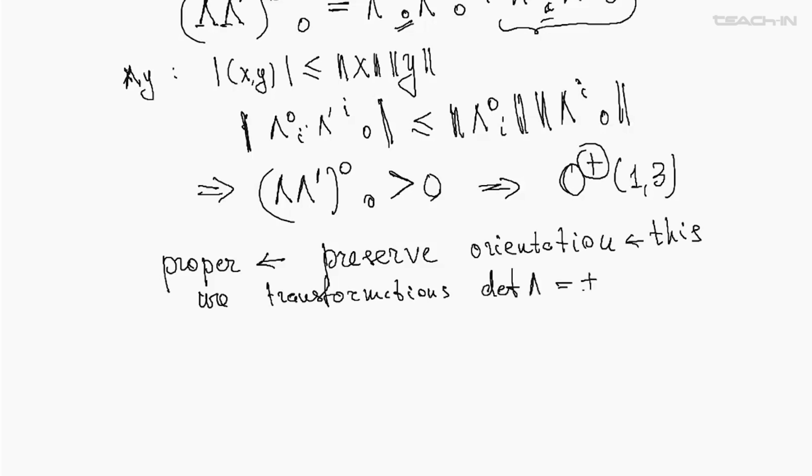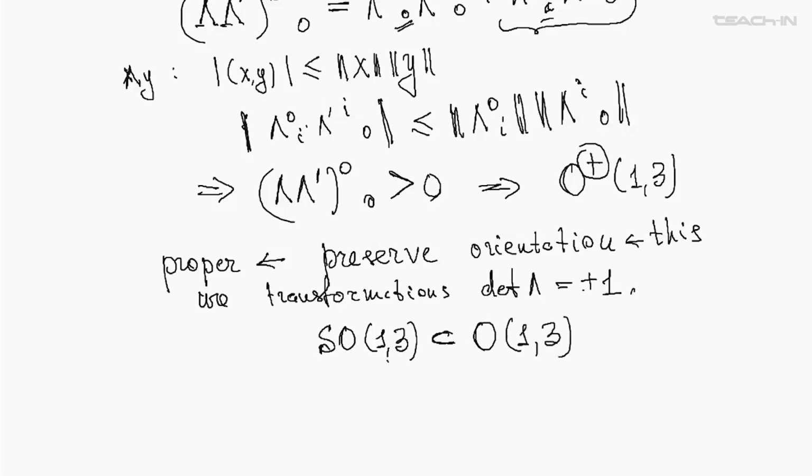And transformations with determinant equal to -1 are called improper. And so proper Lorentz transformations form a subgroup of the Lorentz group, which is denoted as SO 1, 3. And the letter S, as usual, means special. So special orthogonal transformations preserving the Minkowski metric are called proper Lorentz transformations, and they form a subgroup of the general group of Lorentz transformations.